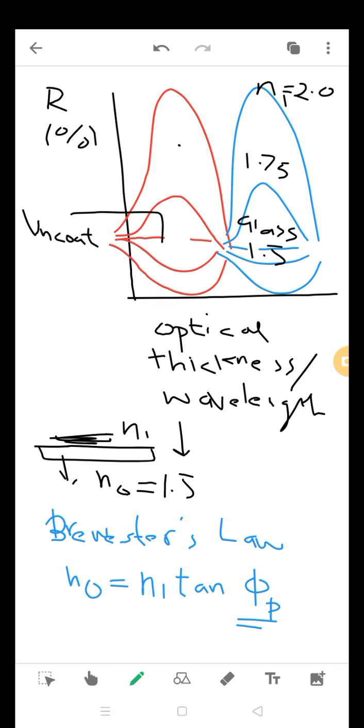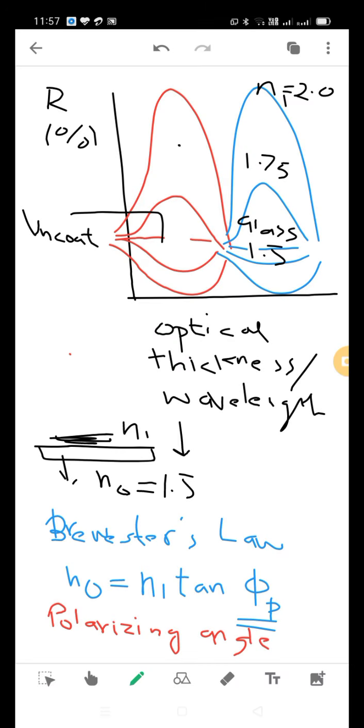This phi p stands for the polarizing angle. Now a point of interest is that the P and the S components of the reflected beam have different amplitudes for non-normal incidence, right?